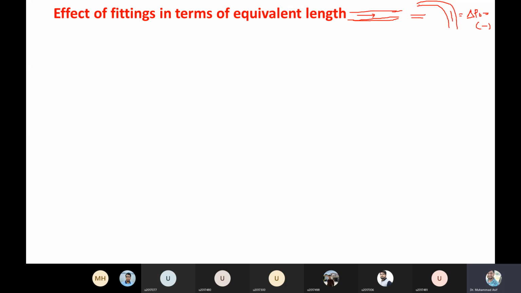Let's say the elbow creates a pressure loss of 0.05 inch of water gauge. The same pressure loss can be created by a straight duct, but that length will be much larger. That's called the equivalent length.